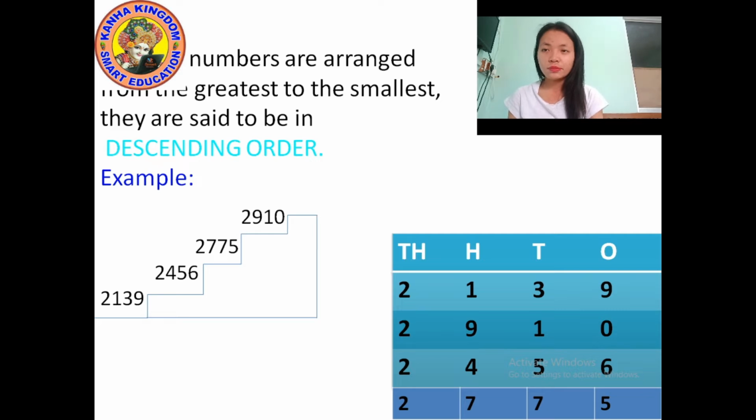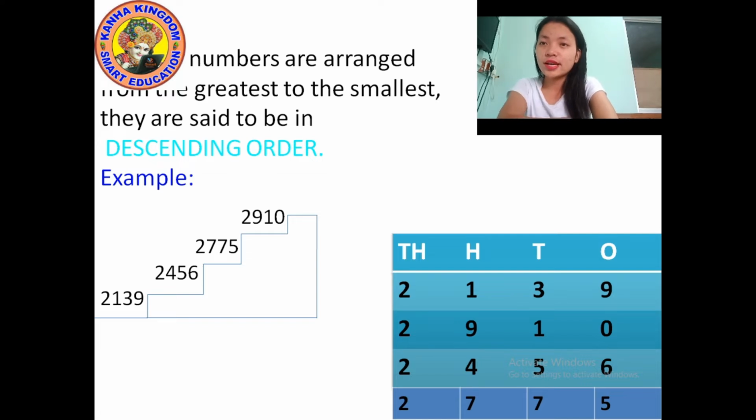After observing the 1000 place, I realized that all the numbers have the same digit there. So I observe the 100 place, where all the digits are different. From those four digits, I see that 9 is greatest.